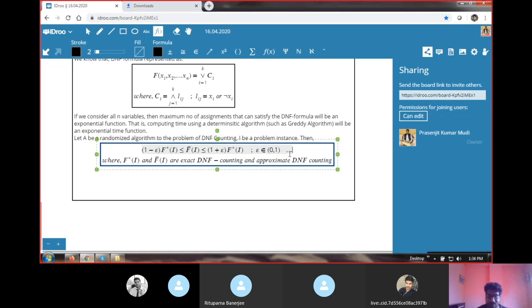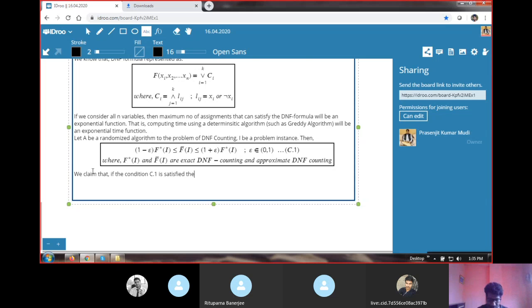So let me see. Condition 1. So we claim that if the condition C dot 1 is satisfied, then this algorithm A can run in a polynomial time complexity function of problem instance n and 1 by epsilon, where epsilon belongs to 0 to 1.